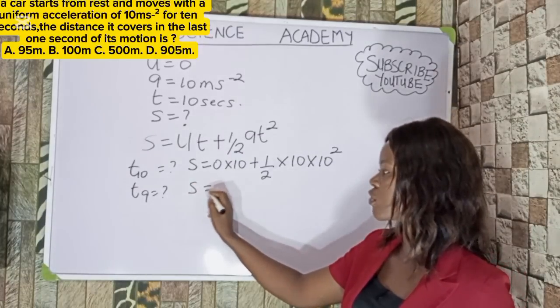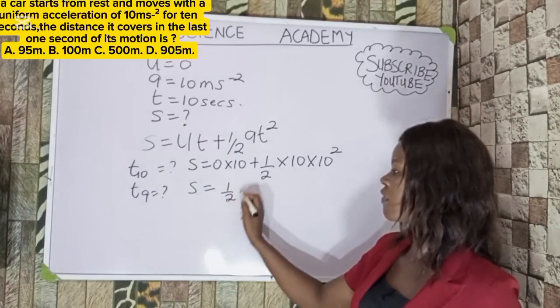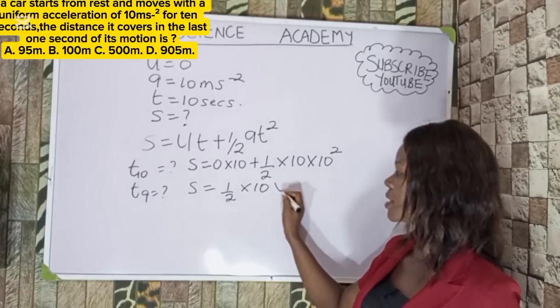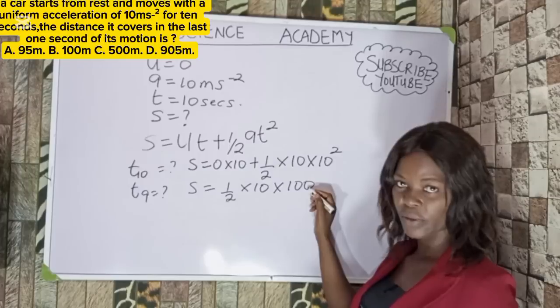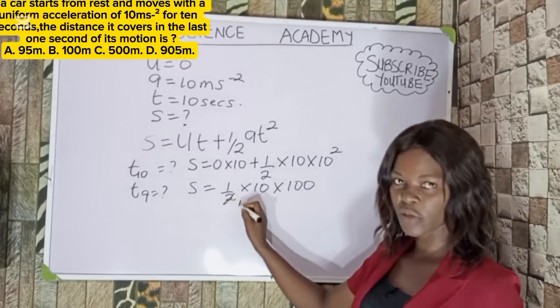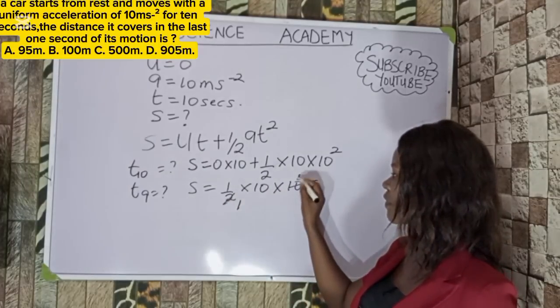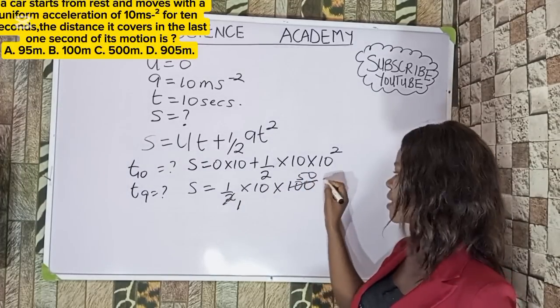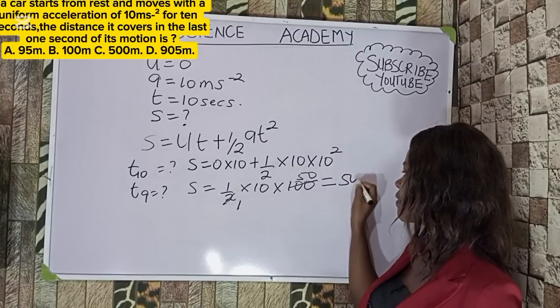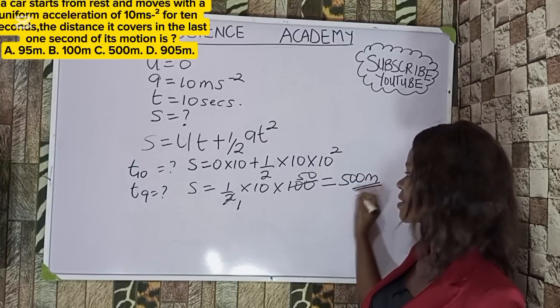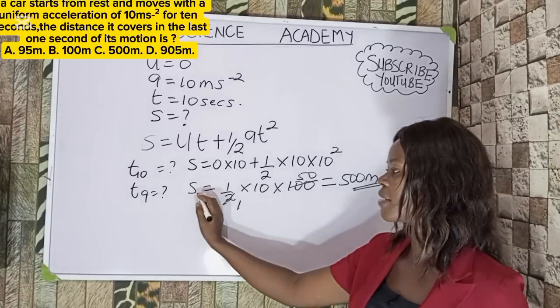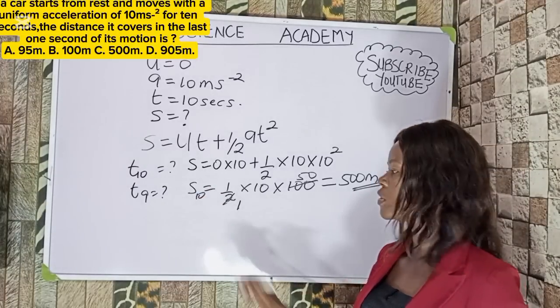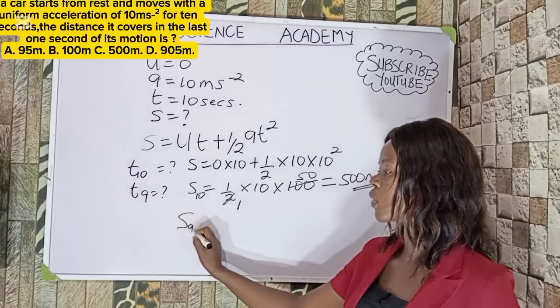So x is equals to 1 over 2 times 10 times 100. This can cancel this to give us 1, and this can cancel to give us 50. So by the time you multiply, we're going to have 500 meters. This is when the time is 10.